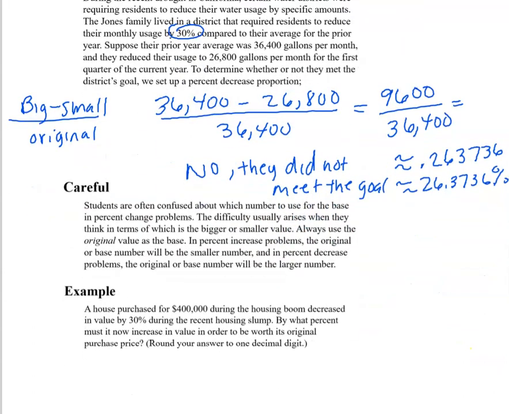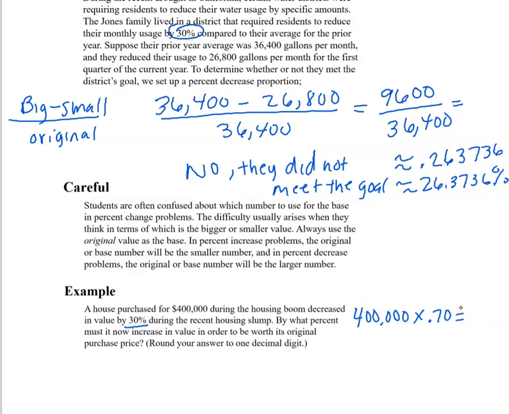A house purchased for $400,000 during the housing boom decreased in value by 30%. By what percent must it now increase in value in order to be worth its original price? So let's figure out what that is. So 400,000. So remember, if you lose 30%, you are keeping 70%. So I'm going to get that calculation real quick.